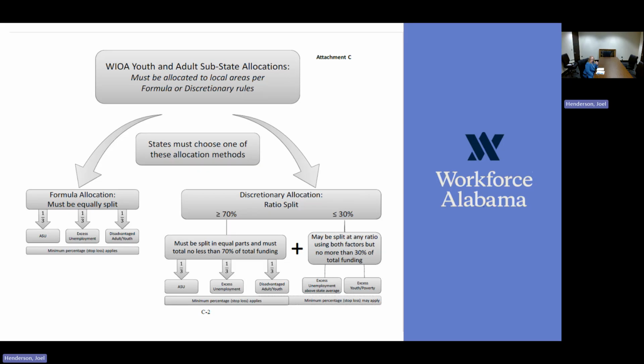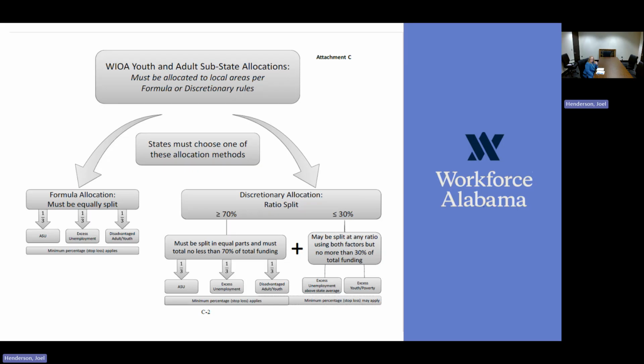If you look on the left, the formula allocation, this is the regular formula, you'll see that it's based on 3 different factors, and each of those factors is 1/3 of the formula. Those factors are areas of substantial unemployment and excess unemployment, and also disadvantaged adult or youth, depending on the funding source that you're calculating it for.